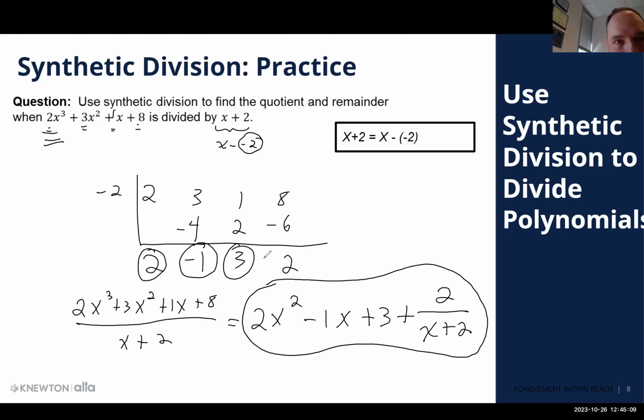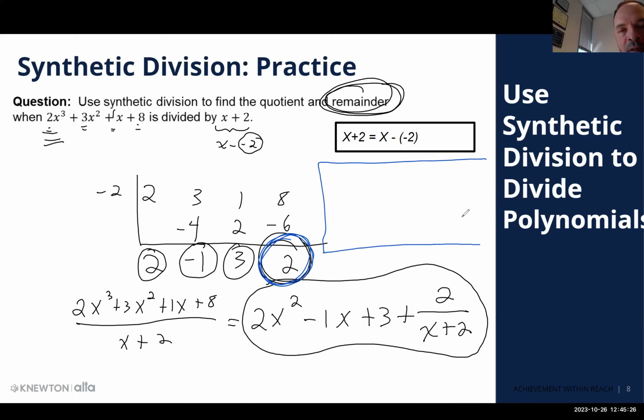But the remainder, which is this 2, so maybe I should highlight that in, let's say, blue or something. It's this really weird result that if you take, I'm gonna turn this into a function and say f of negative 2, and I'm gonna plug in the negative 2 in here and in here and in here.